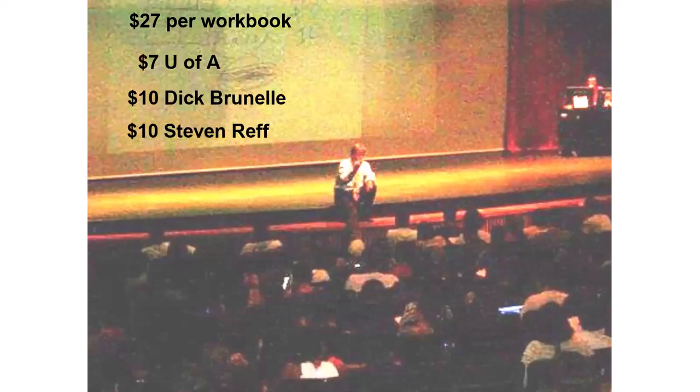Dick Burnell and I wanted to make a little bit of money on the workbook that we had been creating over the years. And we decided to sell it to my students and the rest of the world for $27. And the U of A would get $7, and Dick Burnell and I split the rest of that money for the work that we put in.